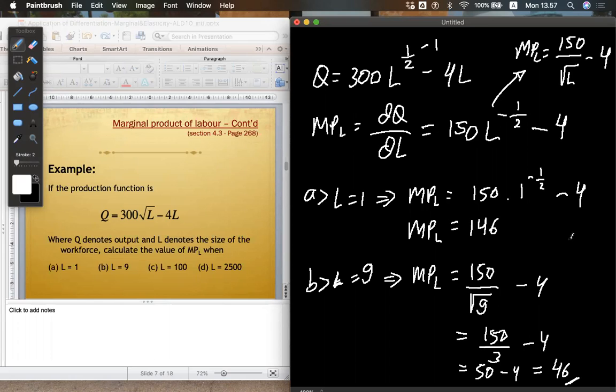46. If you want to calculate it using the other formula, it also doesn't really matter, I think. If we write it 100 times 9 to the power of minus half, minus 4.